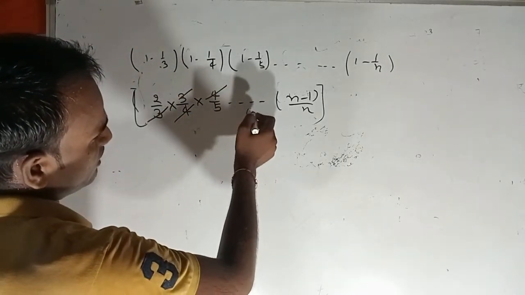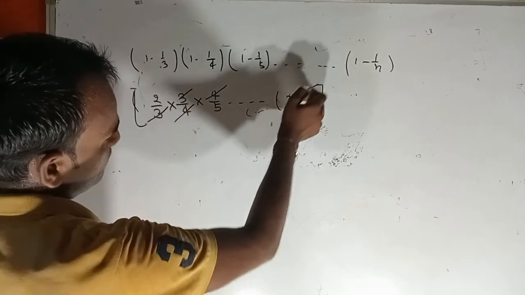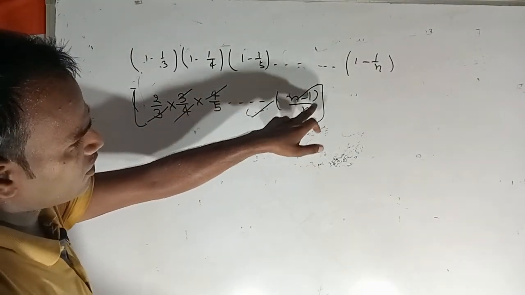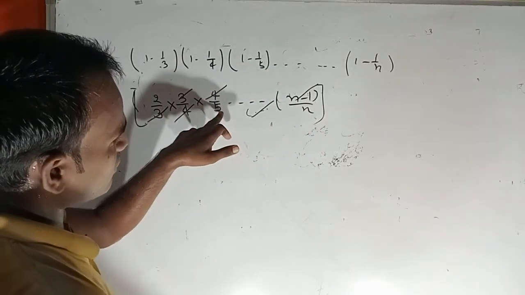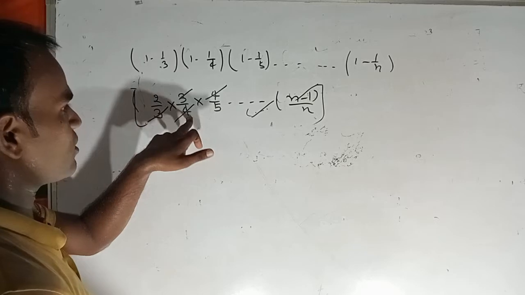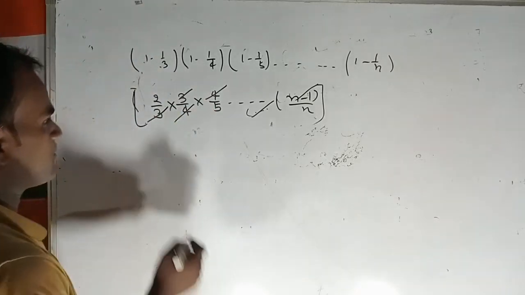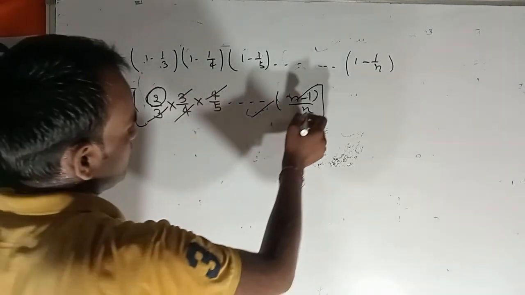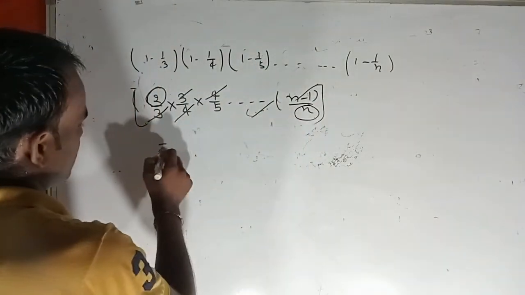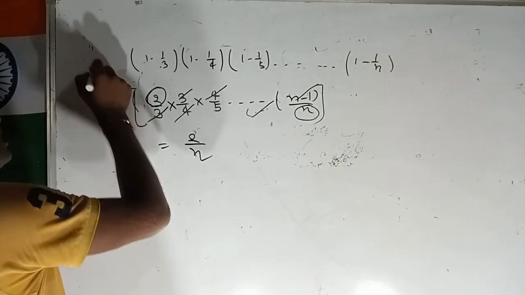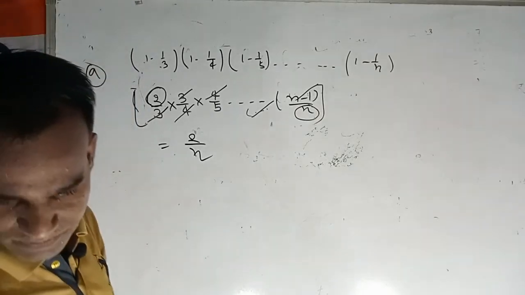Similarly, the n minus 1 terms will be cancelled out. If the value of n is 5, then n minus 1 is 4. If n is 4, then n minus 1 equals 3. So only 2 remains on top, and only n remains at the bottom. The final answer will be 2 upon n. This is your 9th question.